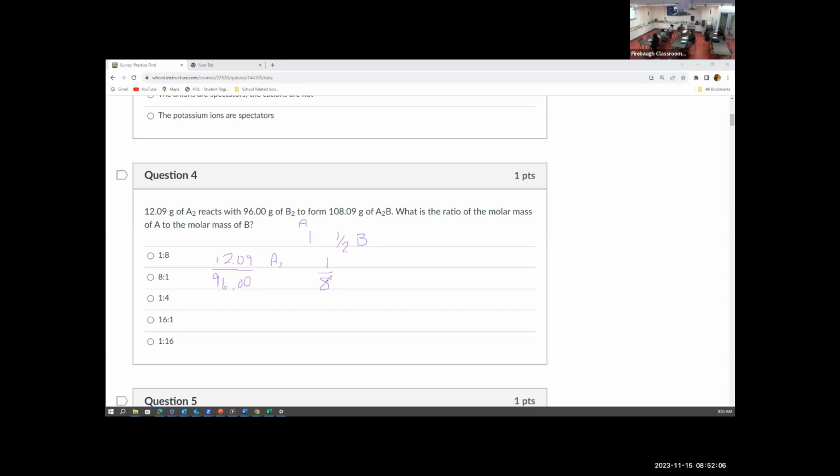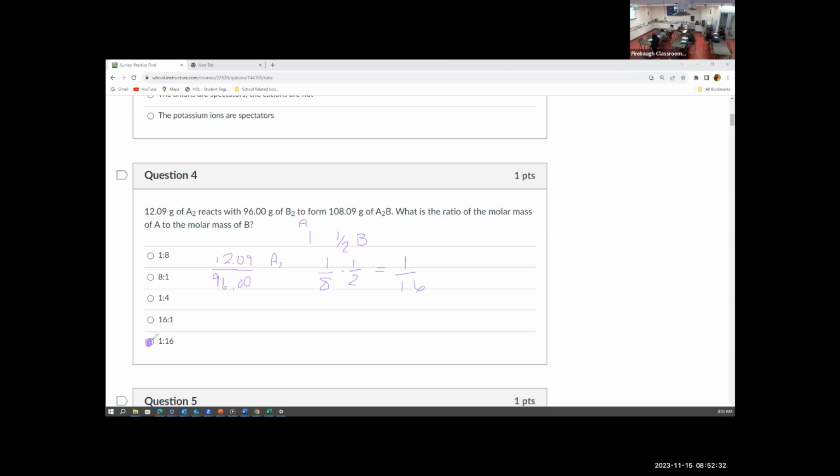Not only that, we also know that based upon this number here, we want to multiply that by 1/2. So my answer should be 1 to 16.